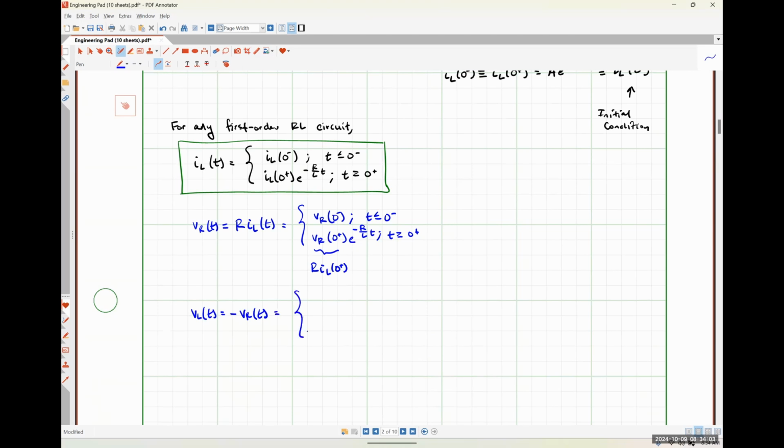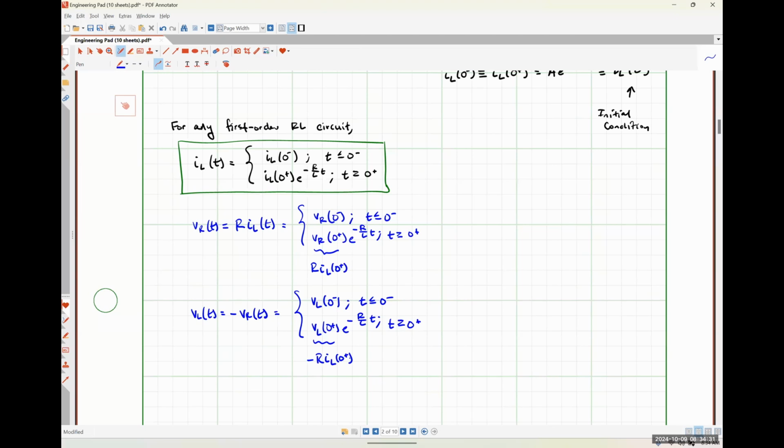So that would be whatever VL is at 0 minus for t less than or equal to 0 minus, and then whatever VL is at 0 plus, e to the minus R over L t, for t greater than or equal to 0 plus, where in this case, that's just negative R times IL at 0 plus.